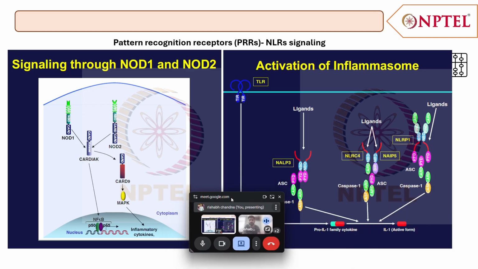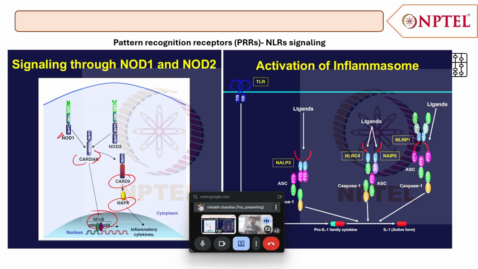These receptors can activate through RIP2, and this RIP2 can directly activate NF-kappa B through P50 and P65. Those are also proteins that activate inflammatory response genes. Okay, and then they can activate CARD9, MAP kinase, and then the inflammatory cytokines.